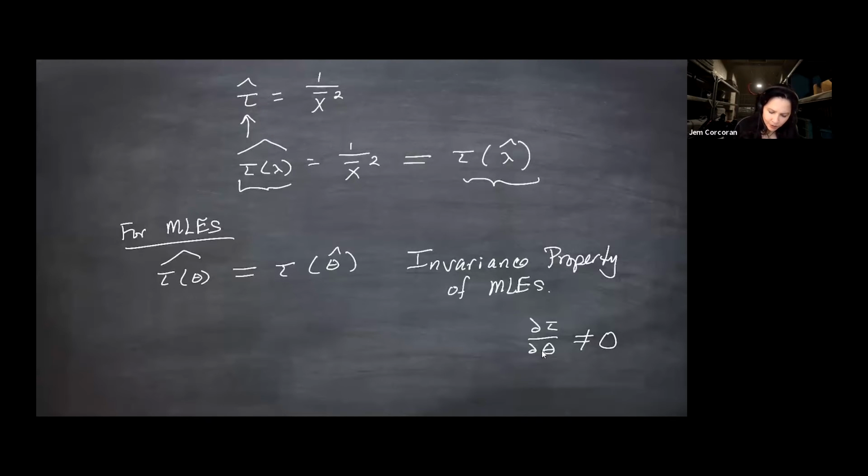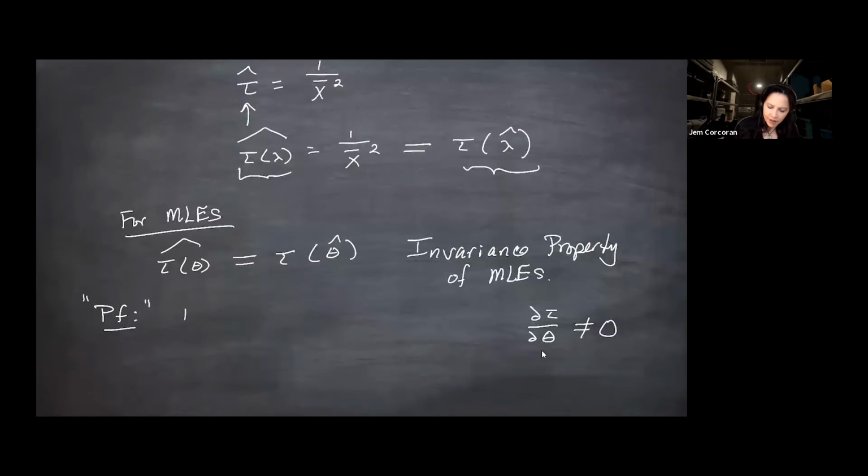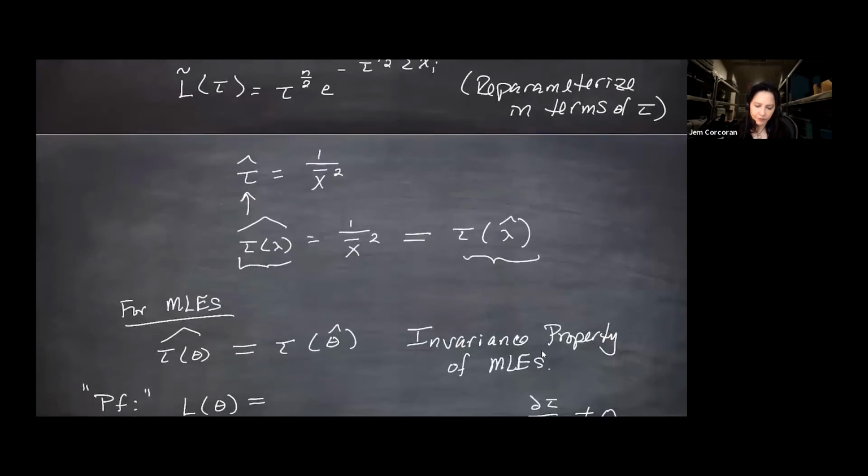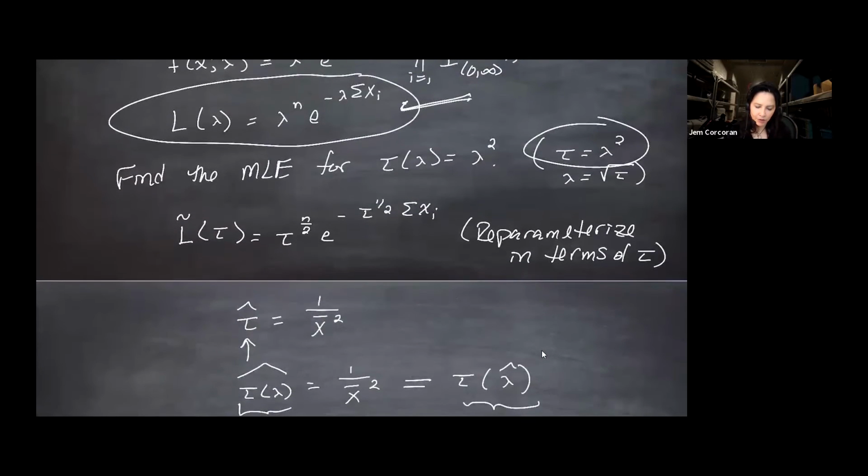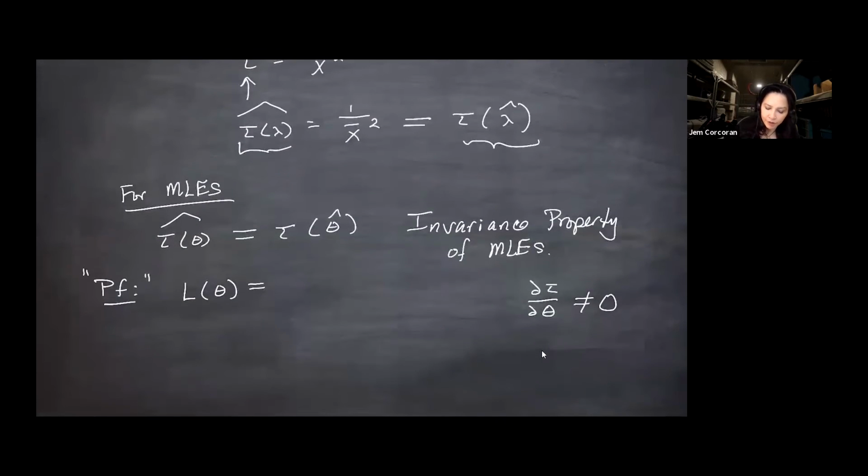So the way you would show this, I'll put this in quotes because this is almost rigorous, but not quite, is that we have a likelihood that's a function of theta, and that is equivalent to a new likelihood that's a function of tau of theta.